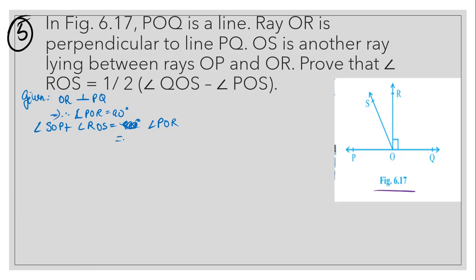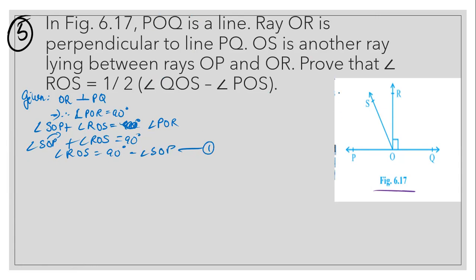Angle POR is 90 degrees, correct? So angle SOP plus angle ROS is equal to 90 degrees. Fine. So now angle ROS is therefore equal to 90 degrees, I'm bringing this to the RHS, minus angle SOP. So let's take this as equation number 1.